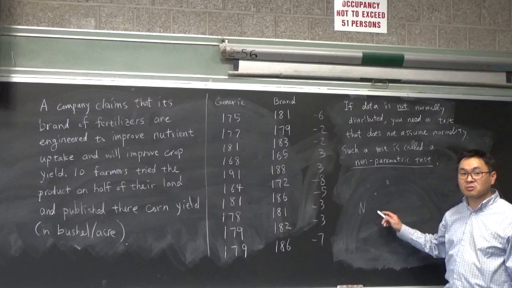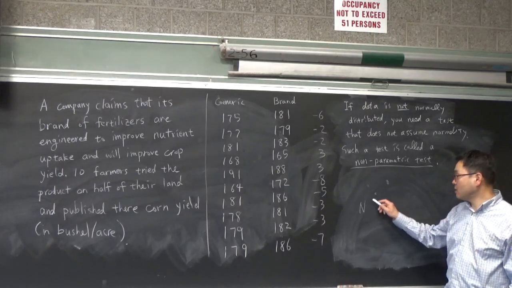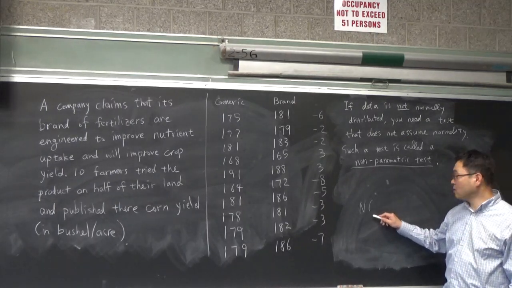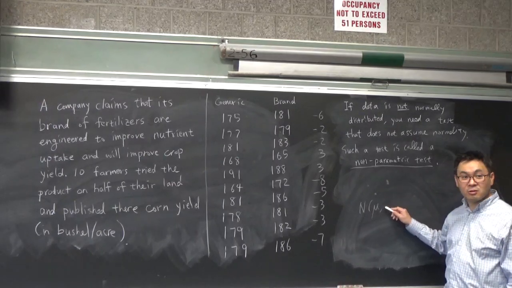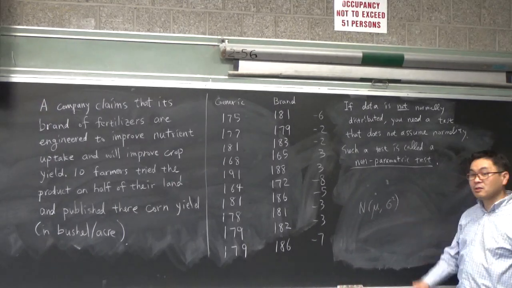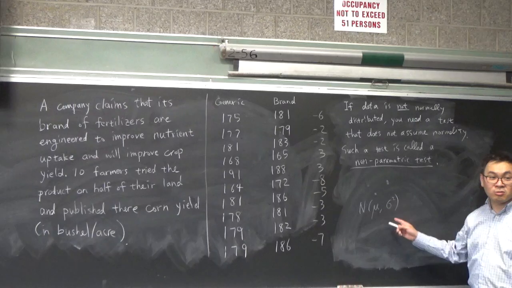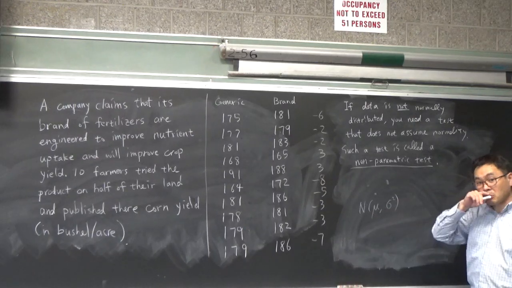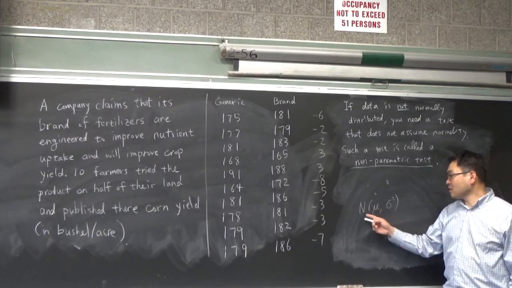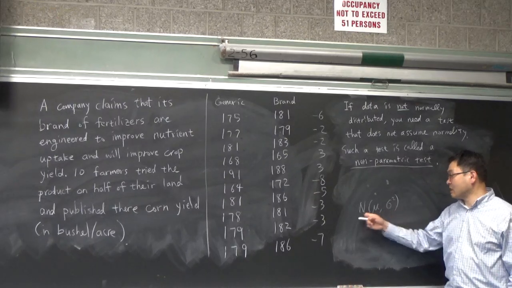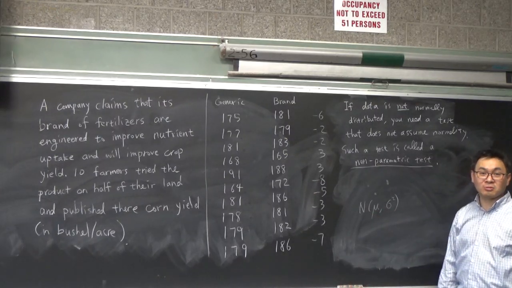How many parameters does a normal distribution have? 2. What are those 2? Mean value and standard deviation, right? You only need two parameters to describe a normal. In fact, if you know these 2, it completely determines the normal distribution.